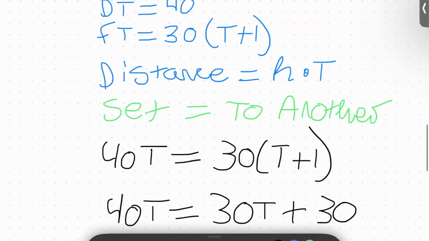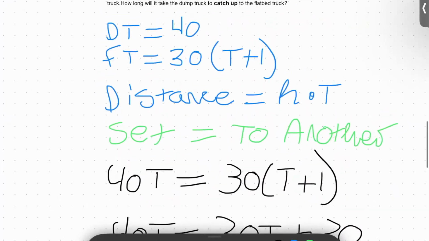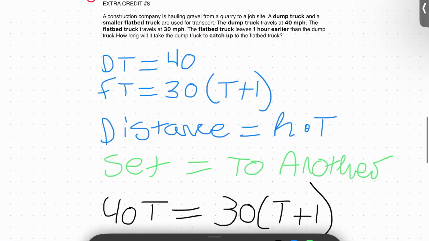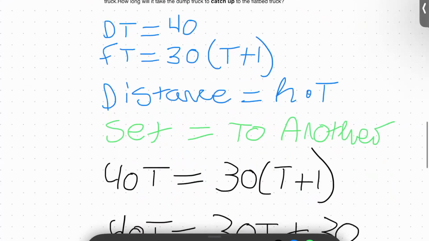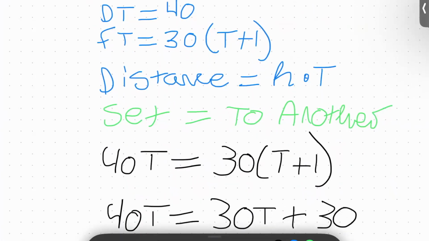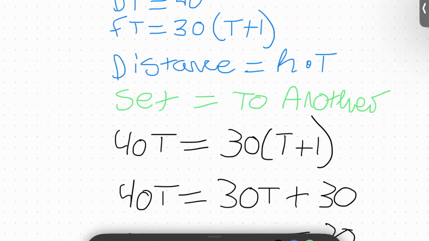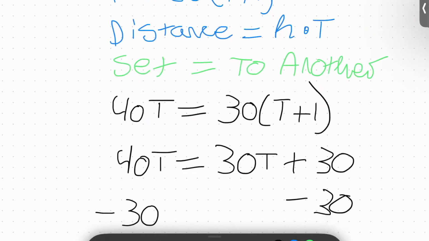And we can set them equal to one another. So we can make our equation look like this, where we've got the dump truck's speed times its time, and then we've got the flatbed's speed times t plus an hour, right? Because that's the non-stationary. The dump truck would be the stationary in this. Now I began this, but actually did this wrong.